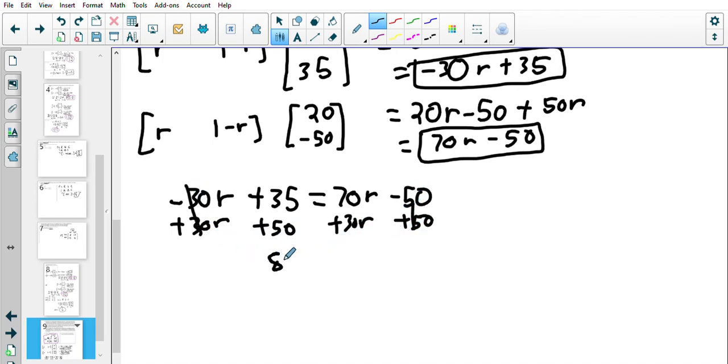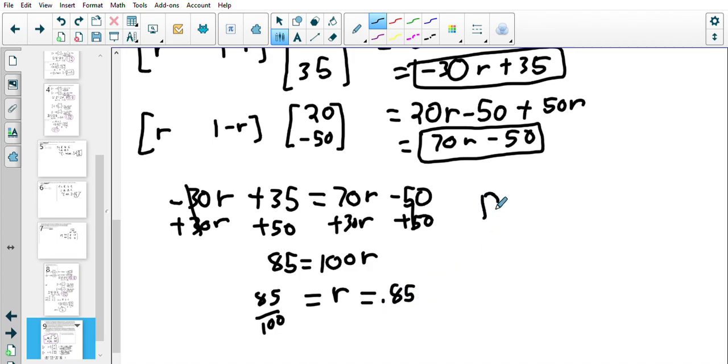That'll give us 85 equals 100R, or R equals 85 over 100. Or in other words, R equals 0.85. So it looks like the row strategy for the US should be 0.85, 0.15.